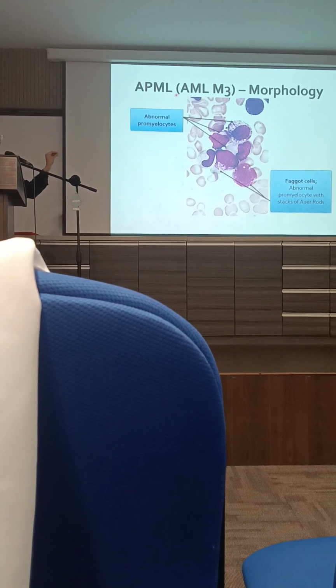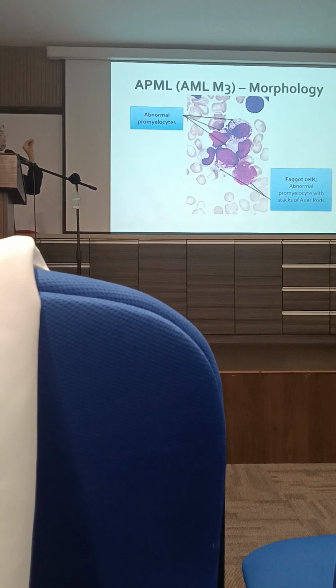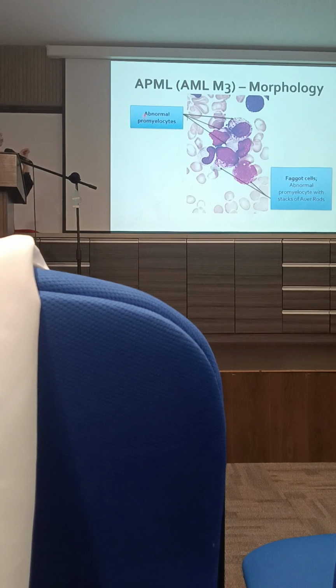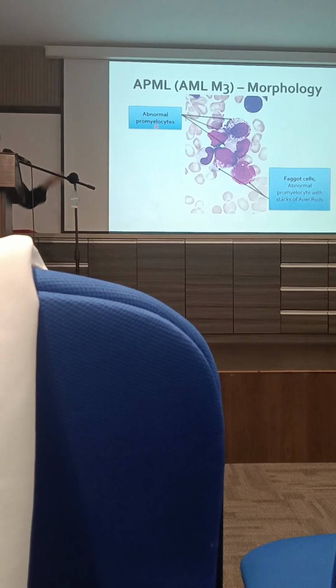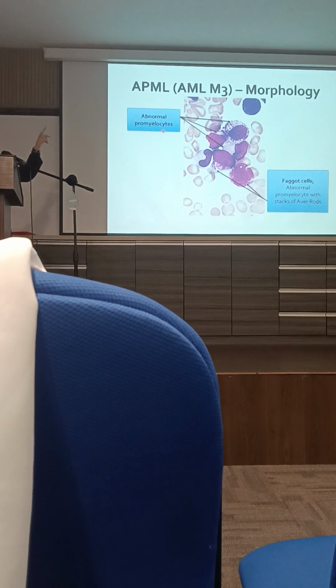Okay, so APML, we diagnose APML in Hospital Ampang, we have to look for these abnormal promyelocytes. They are not blasts per se, but the abnormal cells in this type of AML, acute myeloid leukemia, are abnormal promyelocytes.